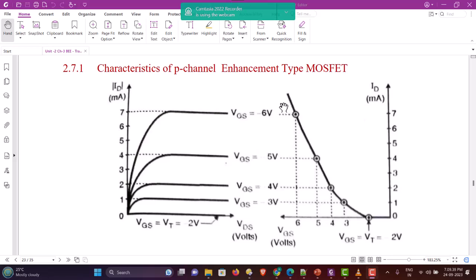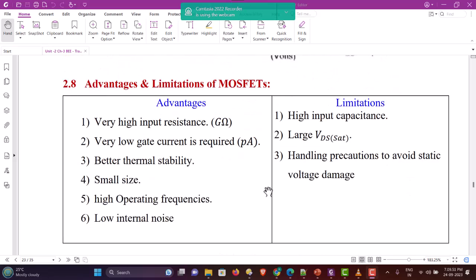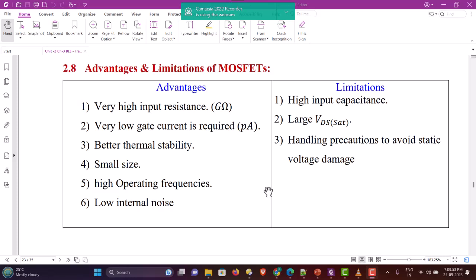The other concepts, pinch off voltage, saturation region, ohmic region, semi-saturation region and cutoff regions are similarly identified in this characteristic also. Now let us see the advantages and the limitations of MOSFETs.